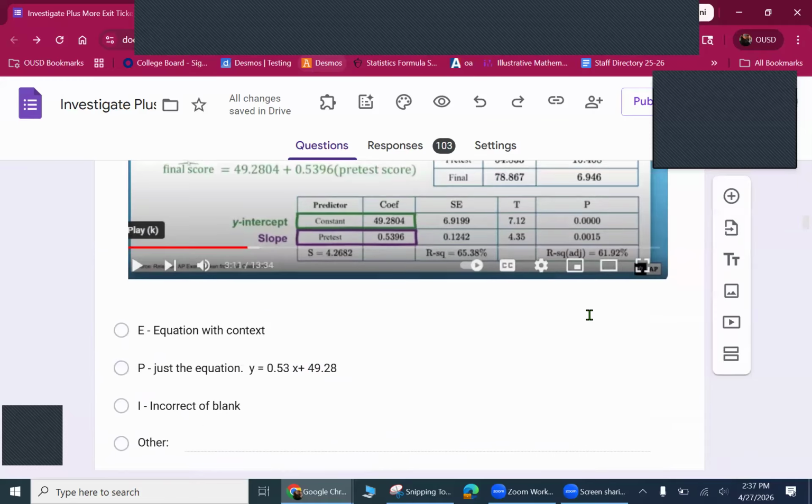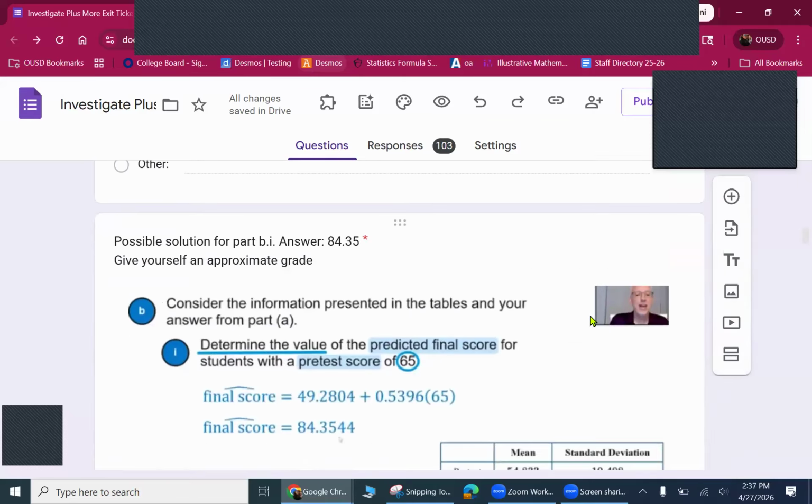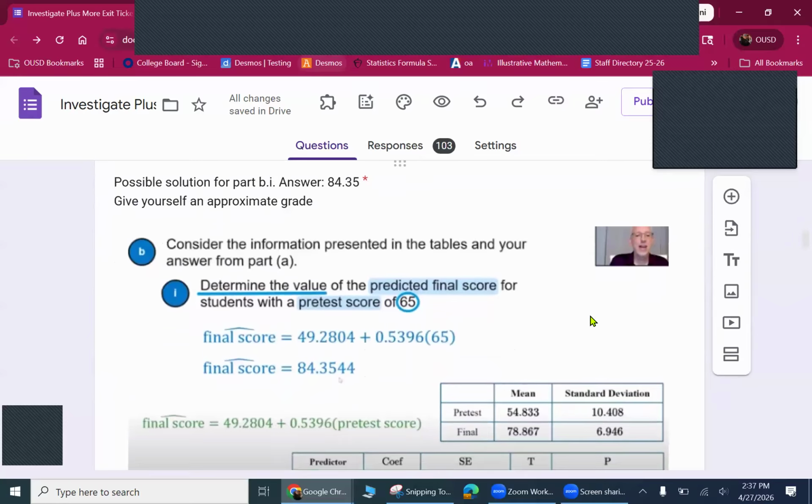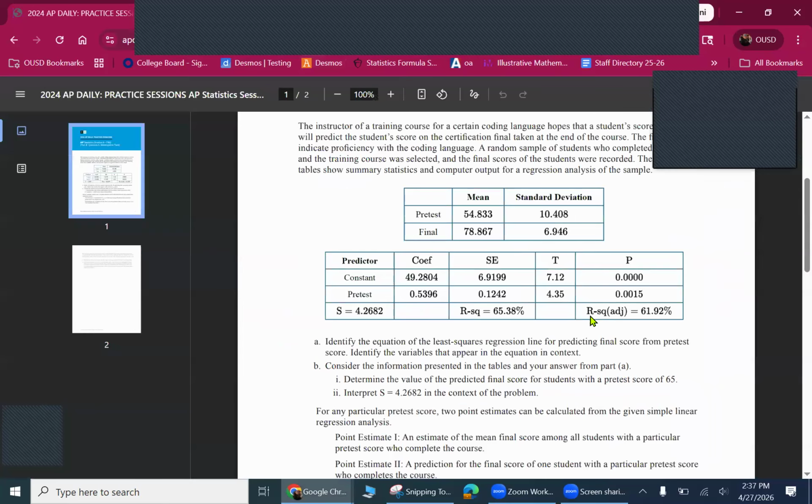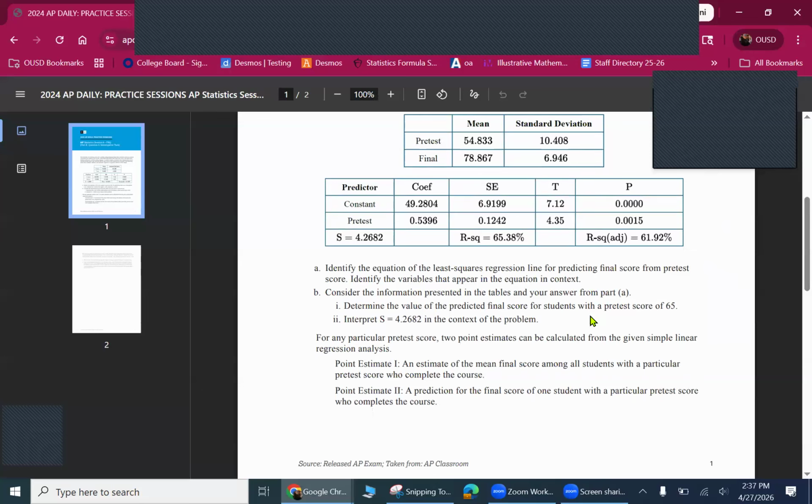And then you can roughly grade yourself here. We're not going to do a strict rubric here. For part B, they asked, consider the information presented in the tables and your answer from part A. Determine the value of the predicted score for students with a pretest score of 65, and then interpret S equals 4.2682.